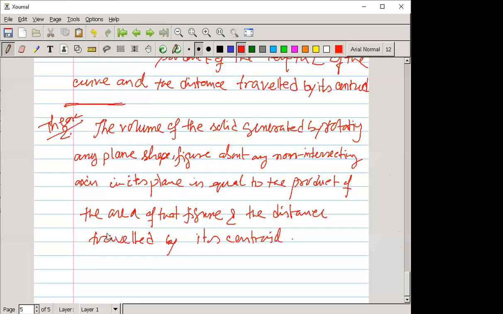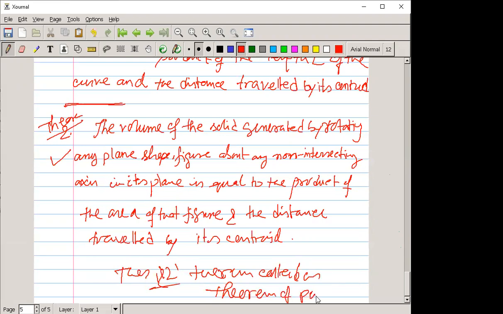Okay, so these two theorems, 1 and 2 both, are called the theorem of Pappus.